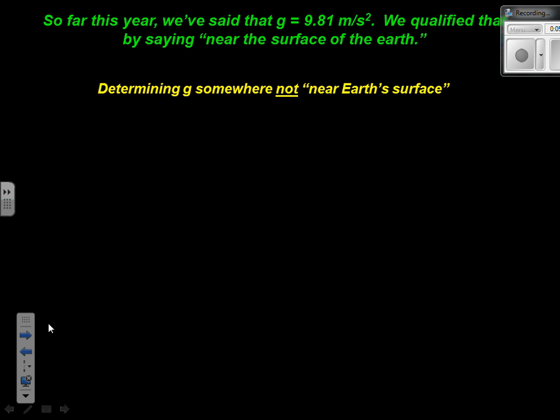But what about g anywhere else near Earth, not, quote, near the Earth's surface? Or what about near any other planet that's not on the planet's surface? Well, here's a planet, and here's mass m, located some distance r from the center of that planet.